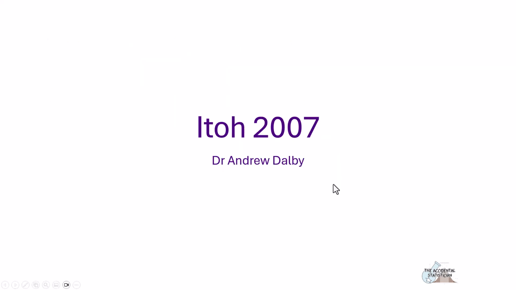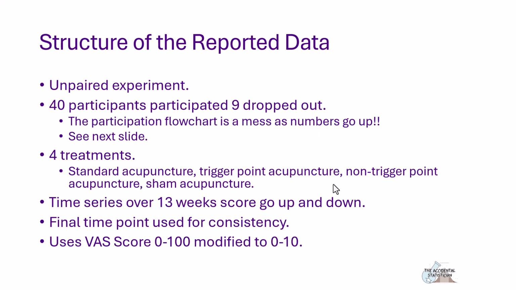The next paper in the list is Itoh's 2007. It's again an unpaired experiment, 40 participants with a dropout of 9. The participant flowchart is a bit of a mess as they go up and down. There are 4 treatments: standard acupuncture, trigger point acupuncture, non-trigger point acupuncture, and sham acupuncture.